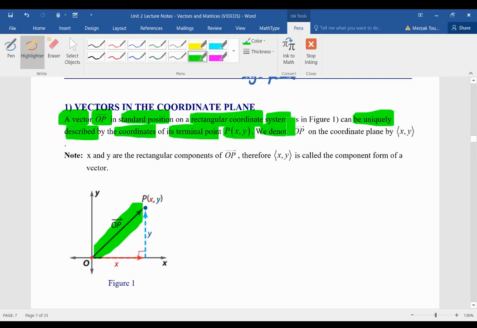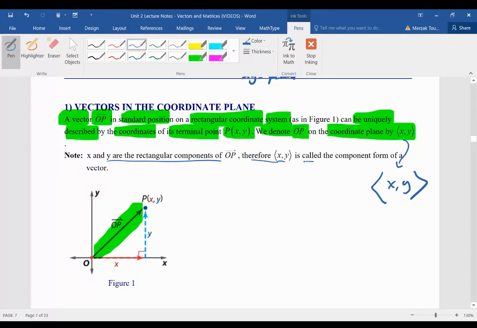So we denote OP on the coordinate plane by x comma y in what is called the angular bracket. Let me make it clear. It looks like this angular bracket. Okay. All right. Note that x and y are the rectangular components of OP.